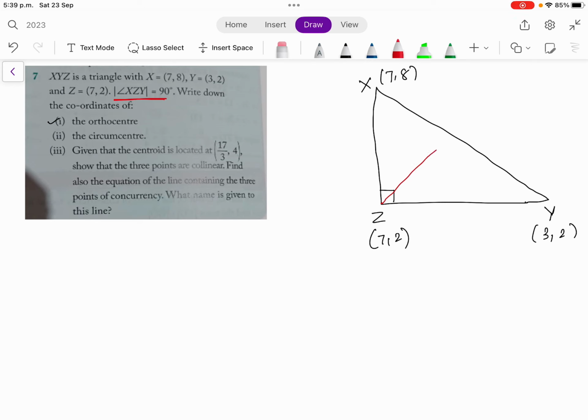For example, if I take Z as a vertex and draw a perpendicular to the opposite side, and the other two lines drawn from the other vertices, they all meet together at the orthocenter.